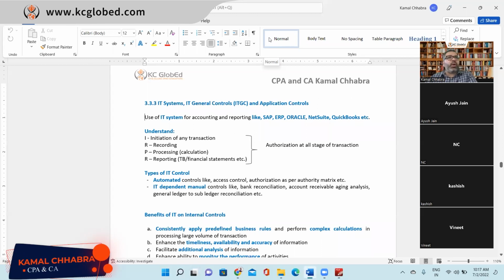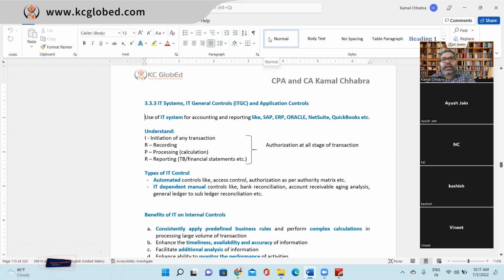These all are accounting systems, IT systems, in which you do all your accounting entries, manage your inventory, manage your treasury, manage your payroll, and so on and so forth, fixed assets and everything. So an IT system is basically a mainframe system in which you maintain and manage all your accounting records and records related to the accounting.